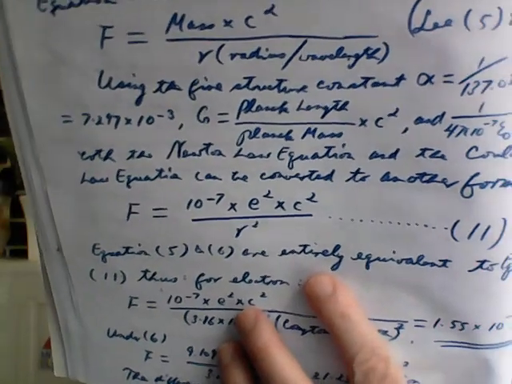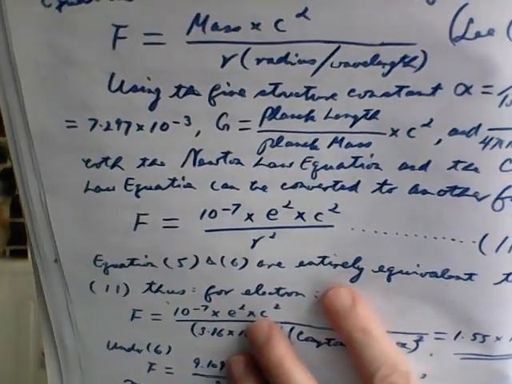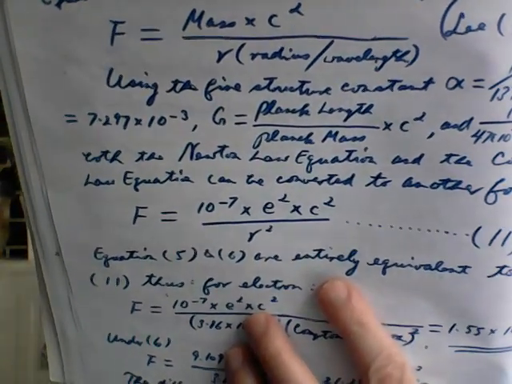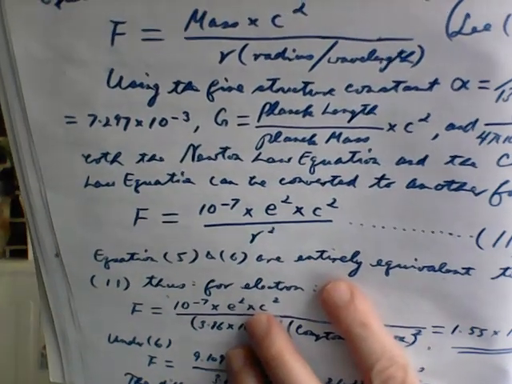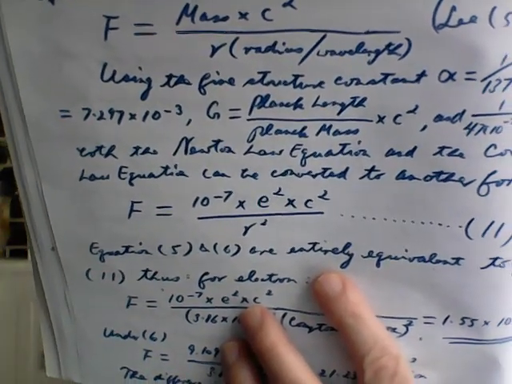F is equal to 10 to the power minus 7 times e squared times c squared divided by r squared. You remember that e squared is the elementary charge squared, and r is the radius or wavelength of the charge. Then both equations 5 and 6 are entirely equivalent to equation 11.